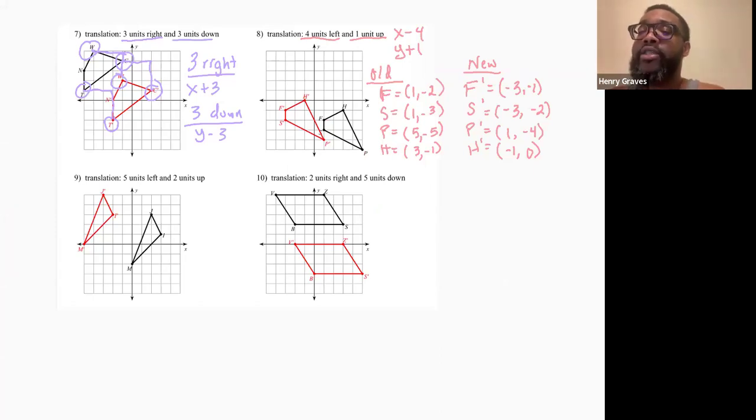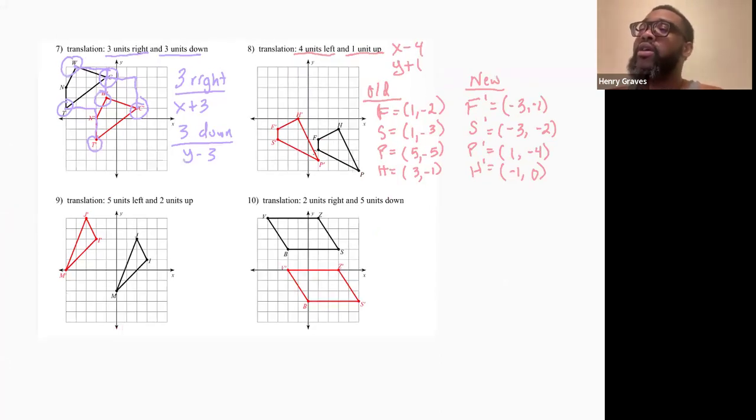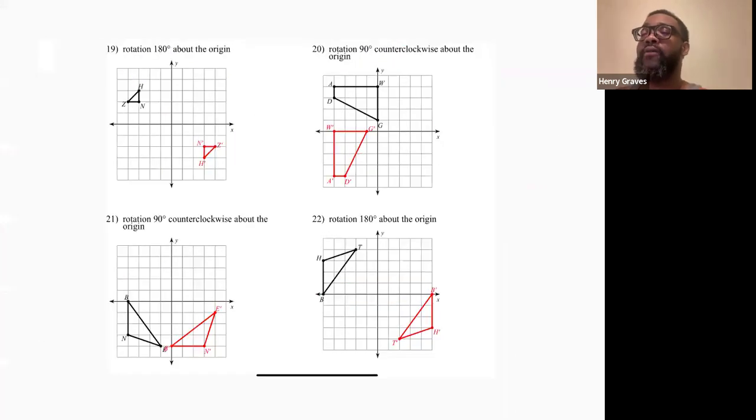Then the last page here, we're going to talk about different rotations. Again, this video is all about types of transformations. So if I'm rotating, we already did 180. Let me talk about rotating 90 degrees counterclockwise.